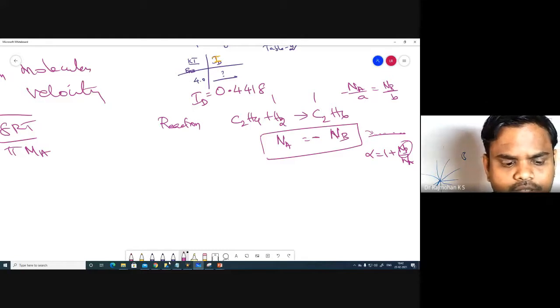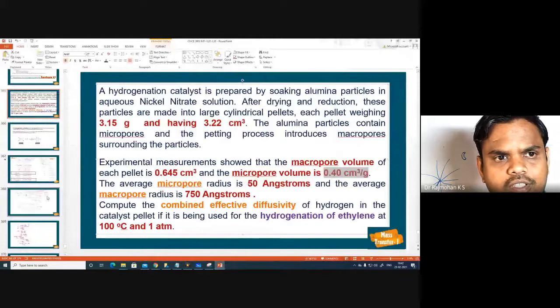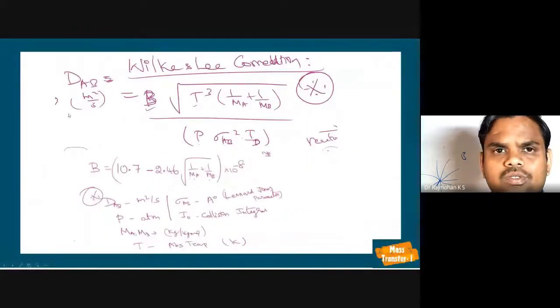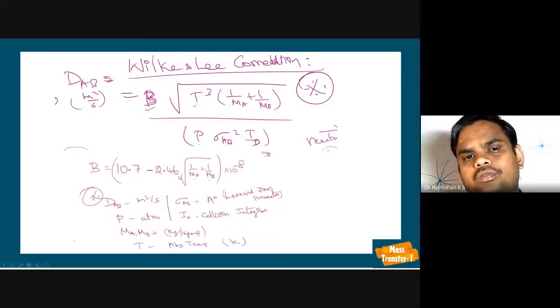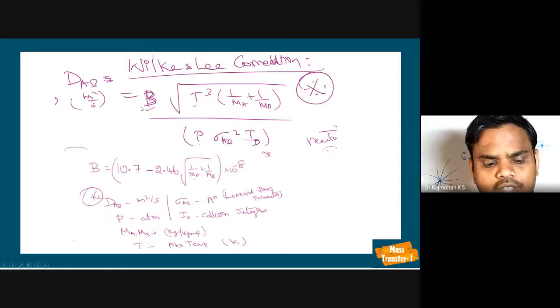We can make use of the equations as I showed you in the beginning of this lecture. To find DAB, first we are determining B. Then substitute sigma AB value, ID value, temperature, MA, MB. You can substitute all these values in this expression to get DAB. Okay, please proceed to get the value.